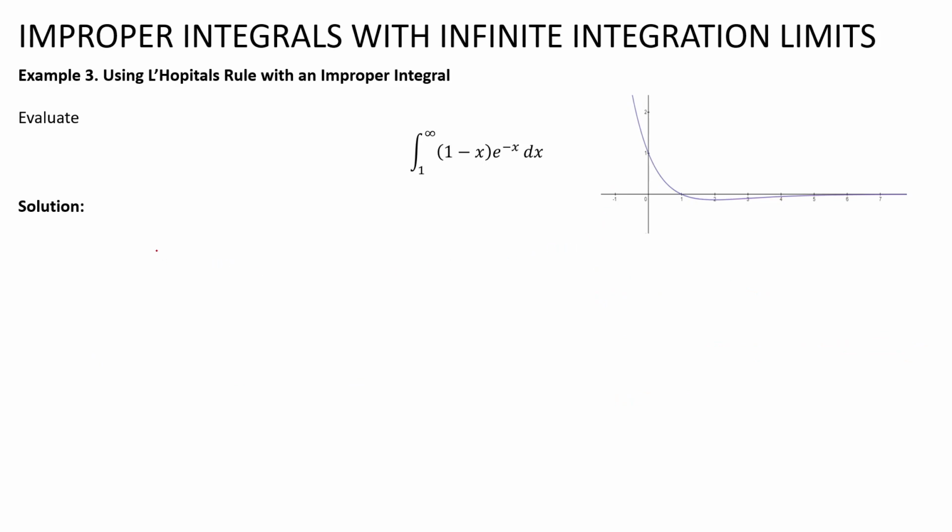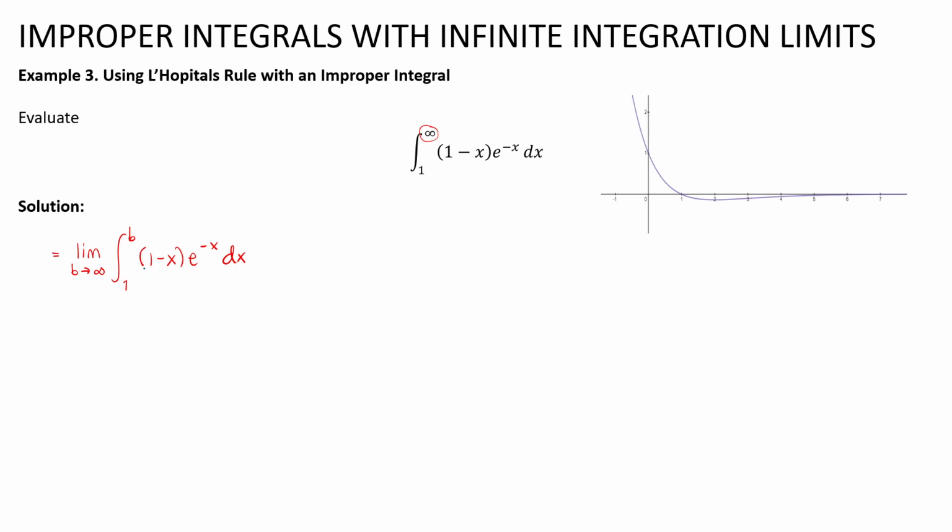So let's go to another example. So again, take out the infinite limit. So this is going to be the limit of b approaches infinity, then integral of 1 to b of 1 minus x times e raised to negative x dx. So I hope that you have not forgotten your techniques in integration.